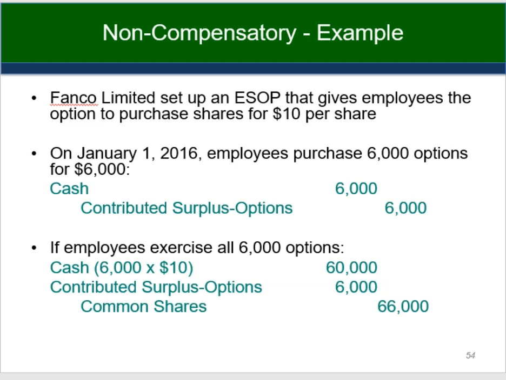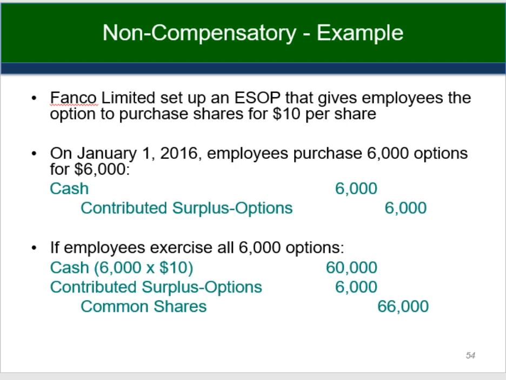So let's imagine that FANCO set up an ESOP, which is a non-compensatory one. It gives employees the option to purchase shares for $10 a share, and on January the 1st, employees purchased 6,000 options for $6,000, and so that was the premium. We got cash of $6,000, and the contributed surplus options account goes up by $6,000.